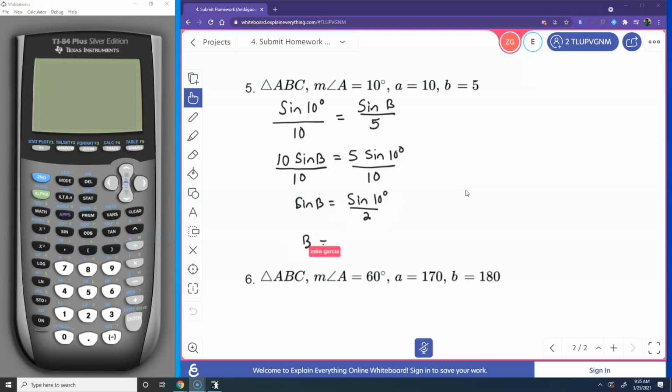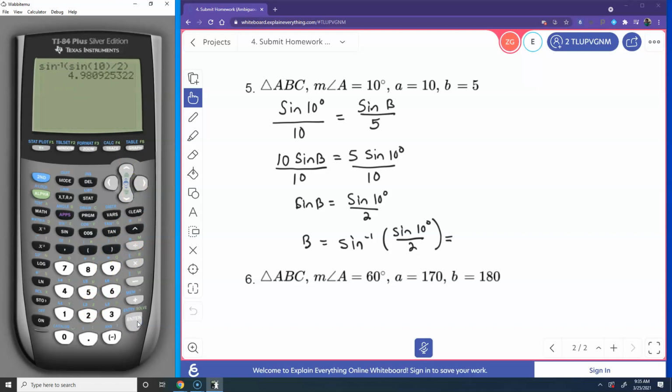We're going to introduce the inverse sine. So we say inverse sine, and then we have the sine of 10 degrees over 2. And we're going to make sure to round off to the nearest degree. So we have the sine of 10 divided by 2. I just wrote the expression right into the parentheses.